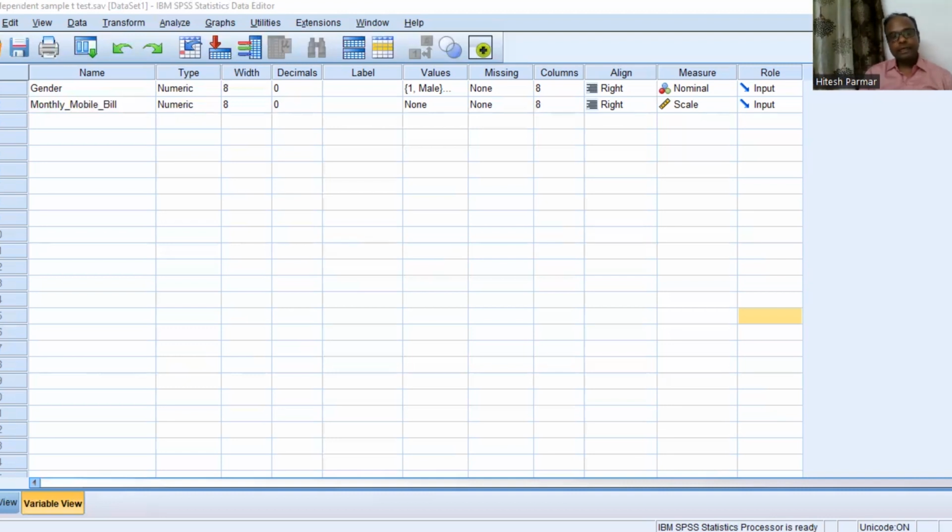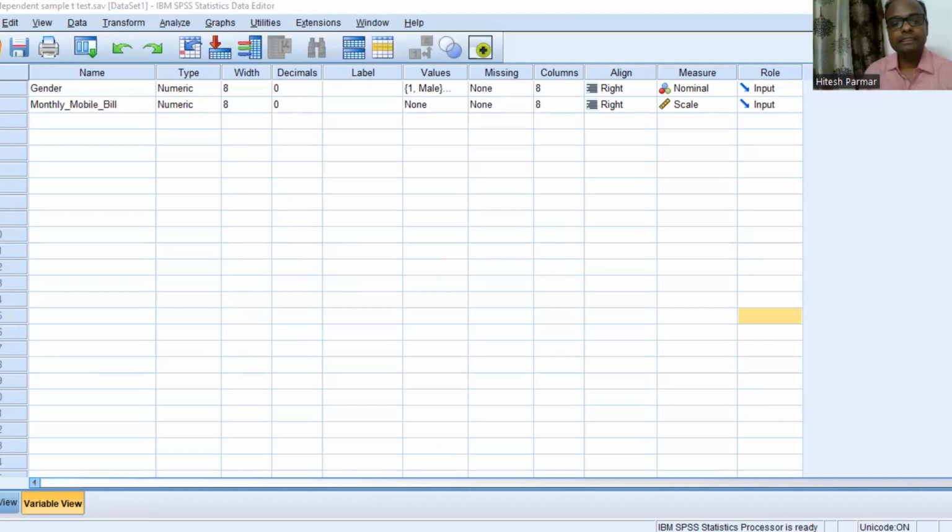Now when we look at the mean values 429.05 and 430.52, a very slightly higher female monthly mobile bill is observed as compared to male monthly mobile bill. We have 430.52 and 429.05. So very slightly higher female monthly mobile bill is observed as compared to male monthly mobile bill.